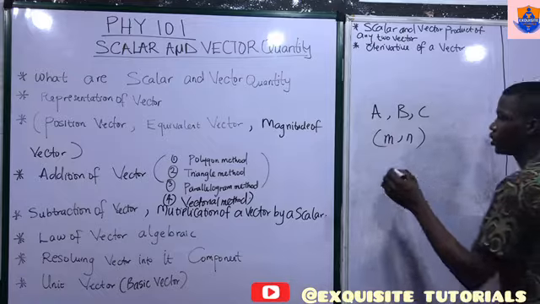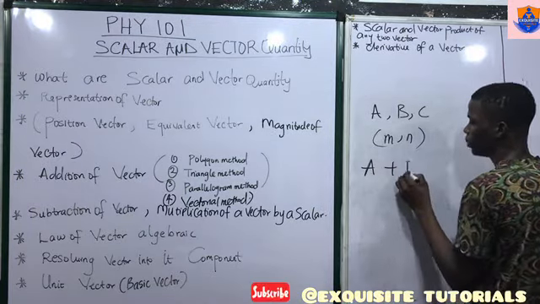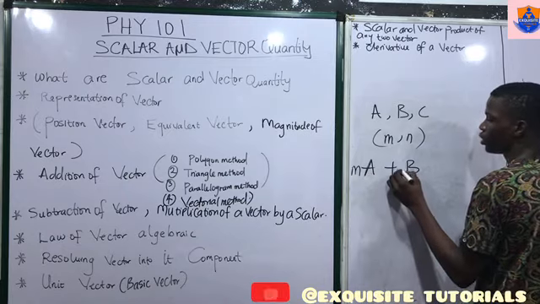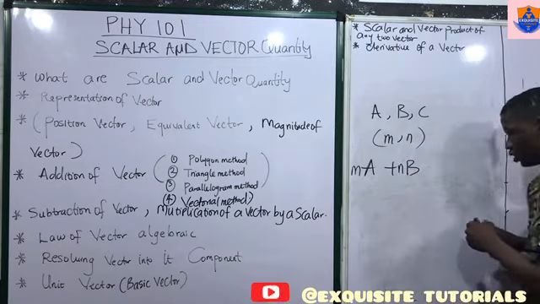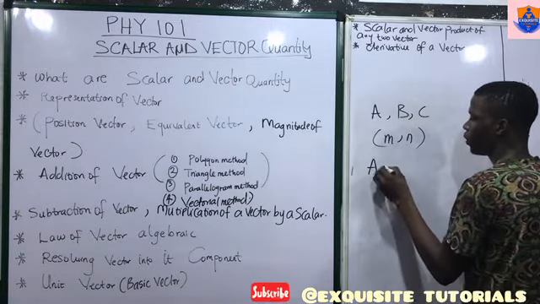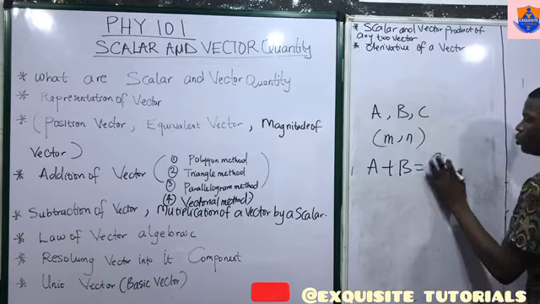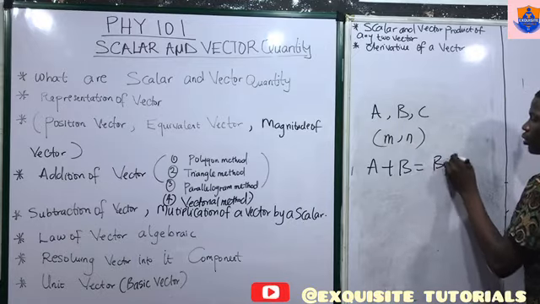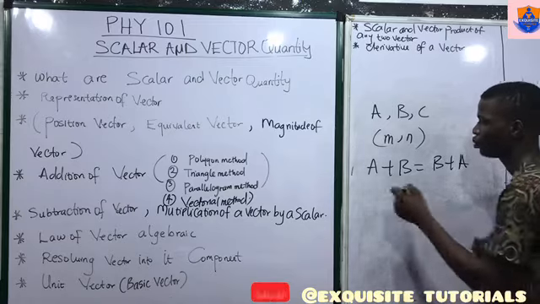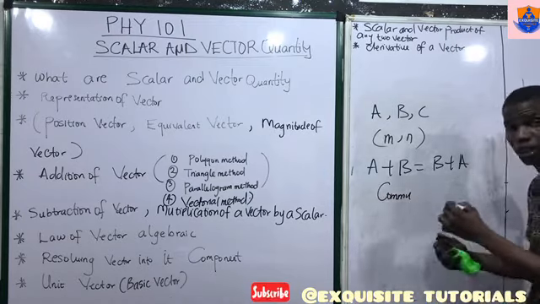So A plus B is equal to B plus A. This is an example of the commutative law, that is the additive commutative law.